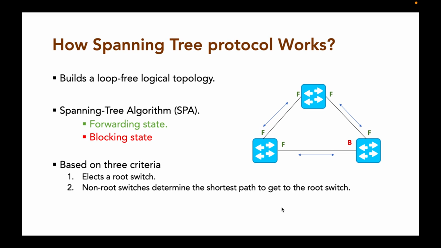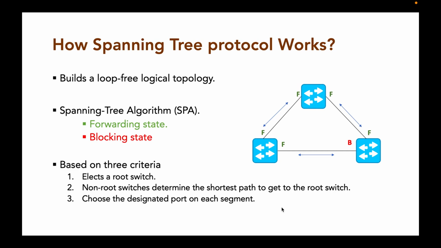Third, on the shared Ethernet segment, the switch with the lowest root cost, or best path to reach the root switch, is placed in forwarding state. You can call this switch a designated switch, and its interface is called the designated port. All other interfaces are placed in blocking state and will not forward frames.